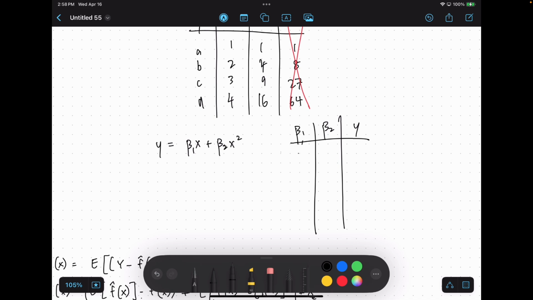Okay, if beta 1 is 1 and beta 2 is 0, right, then the set of points here would be 1, 2, 3, 4. And then 0, 1, 1, 10, 0, 100.